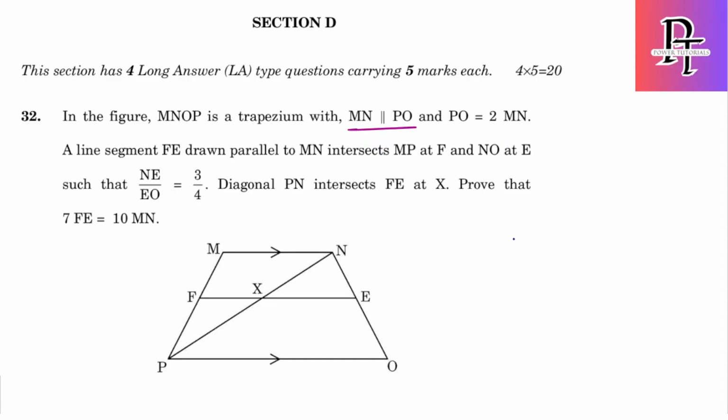A line segment FE drawn parallel to MN intersects MP at F and NO at E such that NE by EO is 3/4. Diagonal PN intersects FE at X. Prove that 7FE is equal to 10MN.